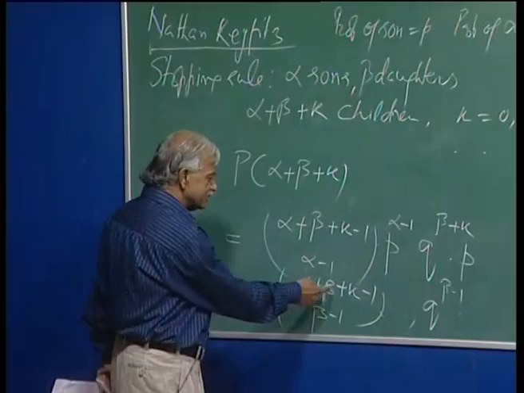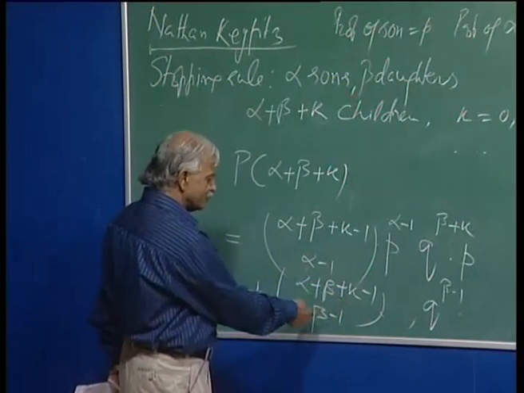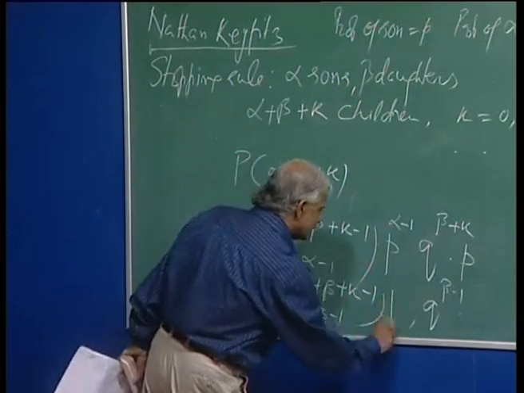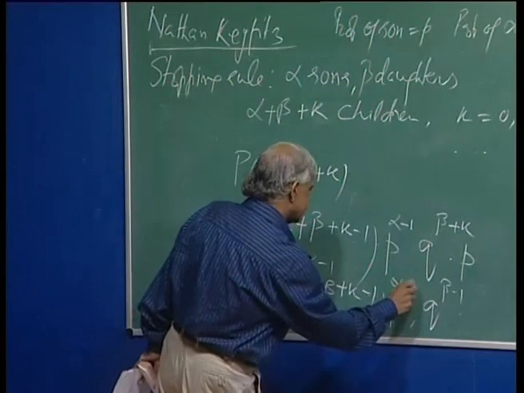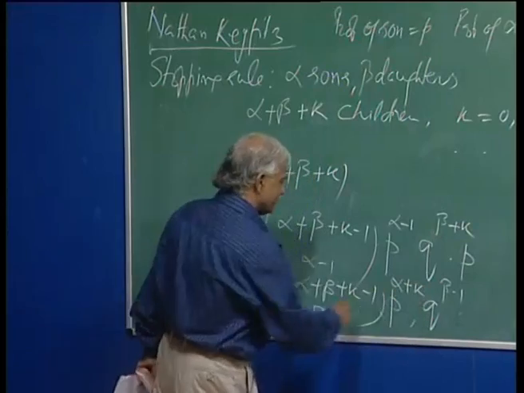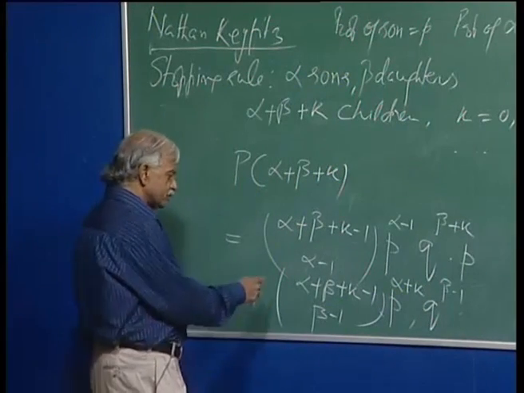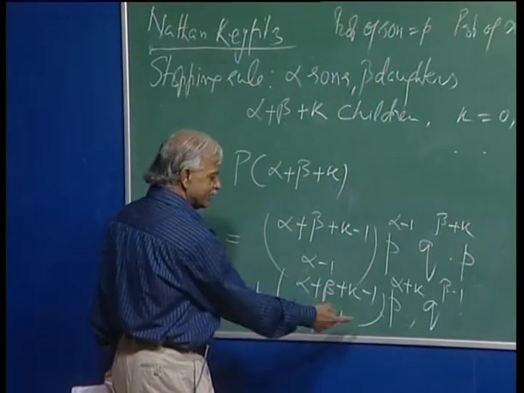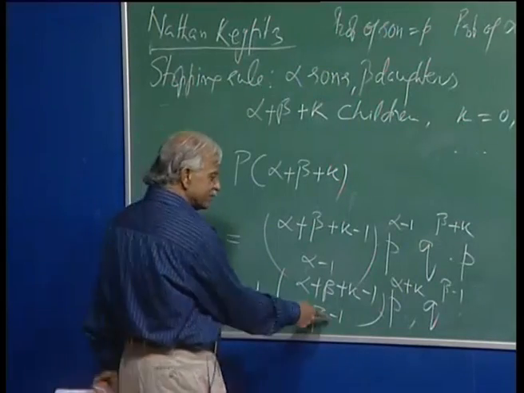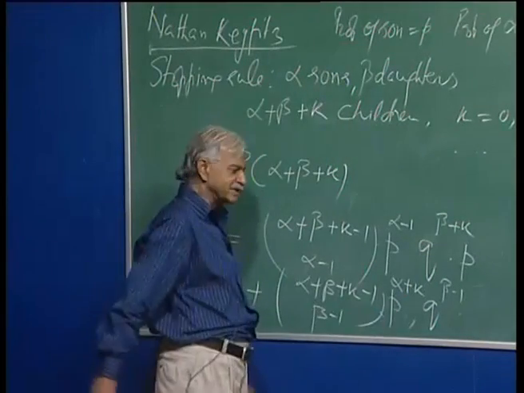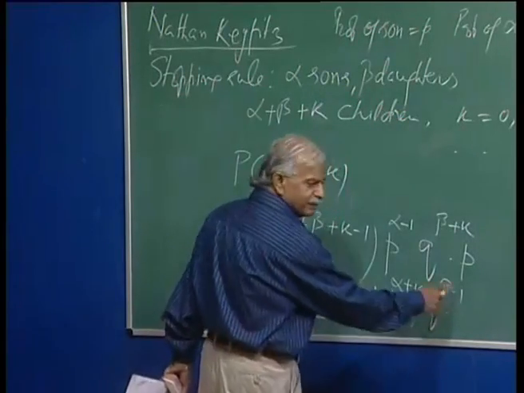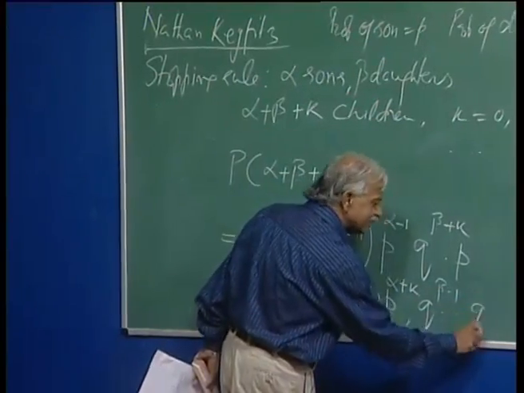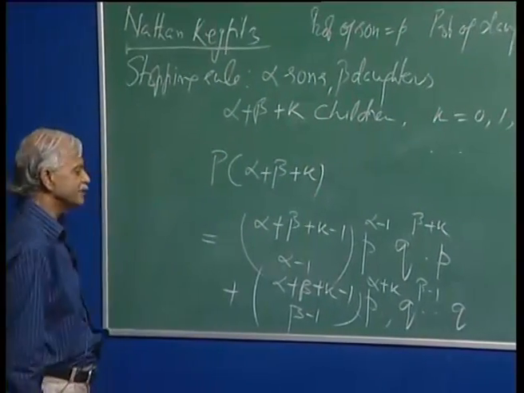So, the difference, alpha plus beta plus k minus 1 minus beta minus 1, that is alpha plus k. So, alpha plus beta plus k minus 1 combination beta minus 1, p raised to power alpha plus k, into q, into q raised to power beta minus 1, and now they have a daughter.